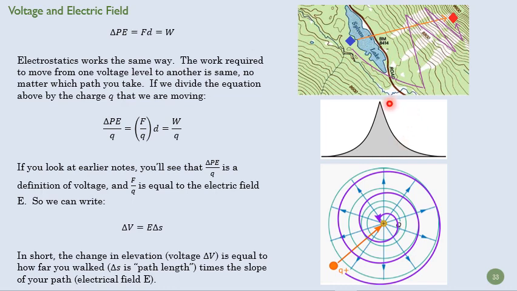Oh, and there's our nice image of the hill. So this is if we're climbing this mountain, right? One of them we just go straight up the hill, the orange line. The other one we sort of swirl around and get up there slowly. Voltage is the difference between this and this. Electrical field is the slope of the path that I'm taking.